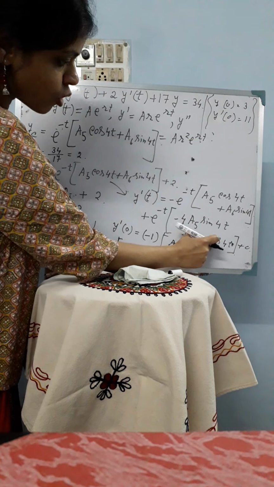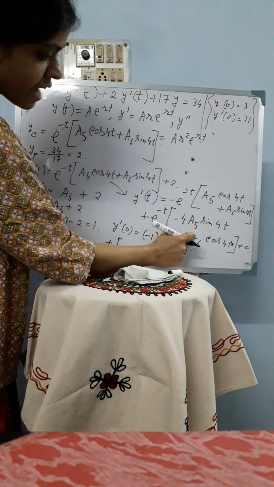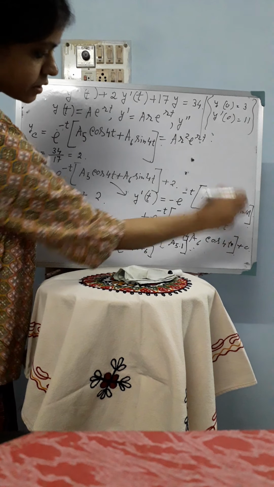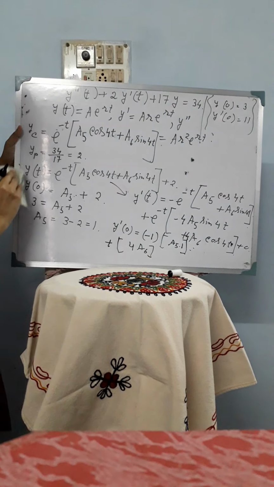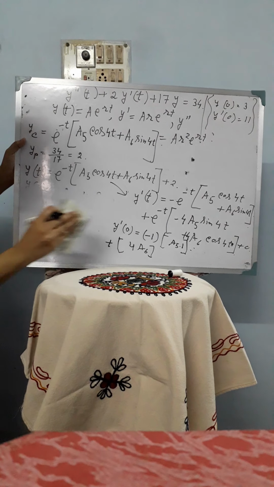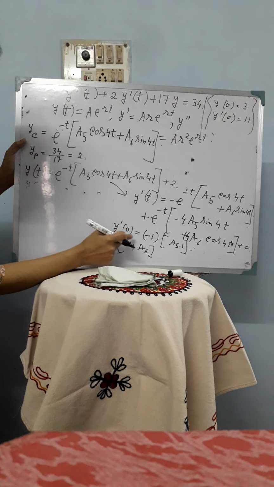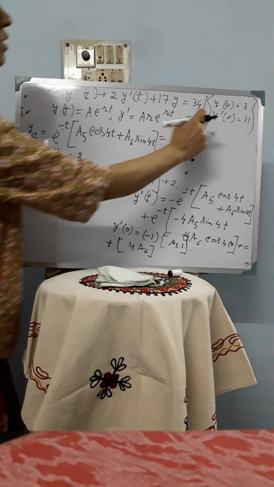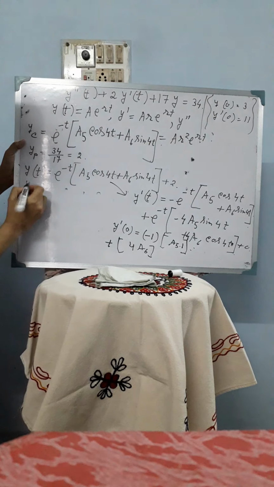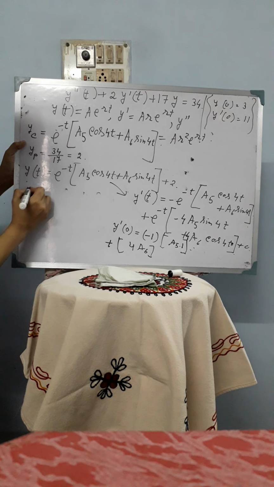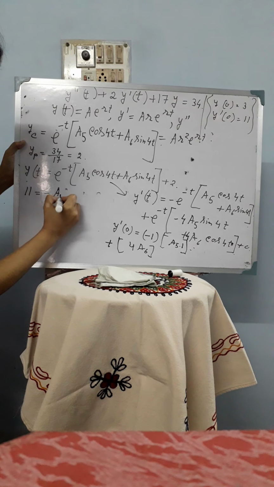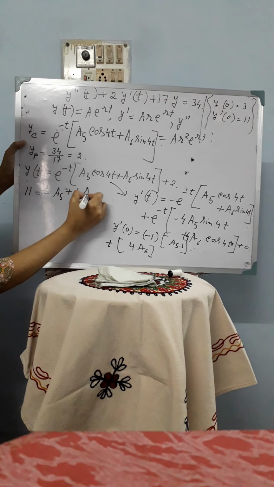In the second term cos 0 is 1, so we will have 4a6, and then there is a 0. So ultimately we are getting y dash equal to minus a5 plus 4a6. Now we know that y dash is equal to 11, so in place of y dash we can write 11 is equal to minus a5 plus 4a6.